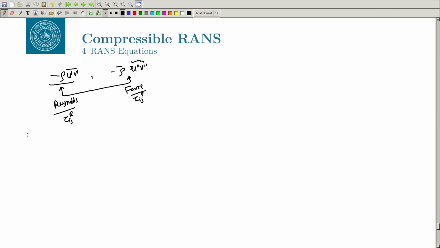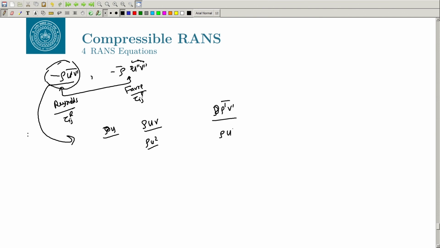One way to get the value of this is to try getting a dynamical equation for it. You have the equation for rho u in the momentum equation, and you can use the equation for rho u v, for example, and you will get an equation for rho u prime v prime bar by subtracting the mean flow. Similarly, if you take the rho u square term, that will give you rho u prime square bar.